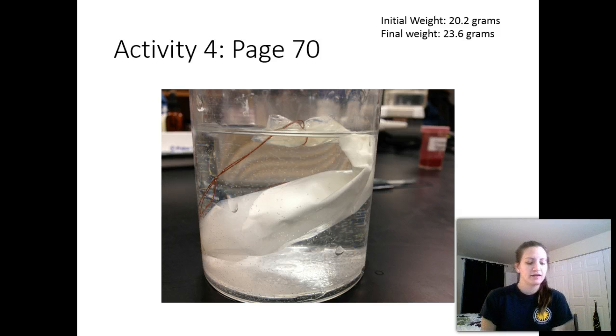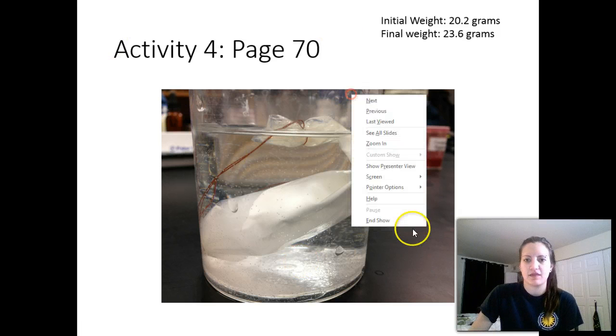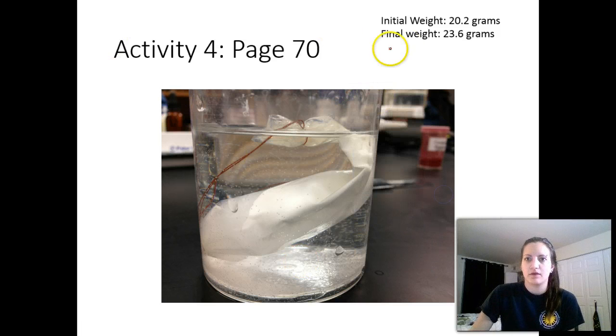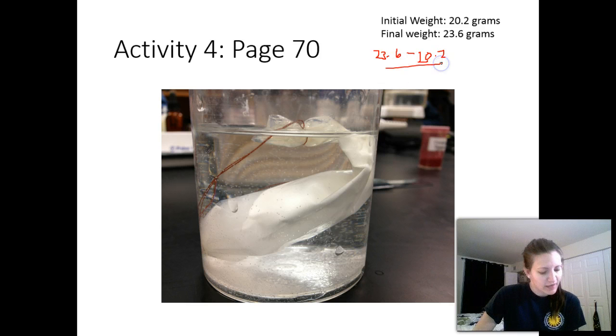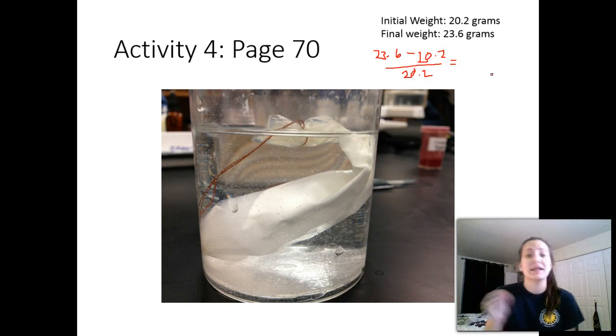Next, what you need to do is calculate the percent change in weight. So to do this, we take the final weight, so 23.6. We're going to subtract the initial weight, so that's 20.2, and divide by the initial weight, so 20.2. This is an equation you do not need to know for the lab quiz.